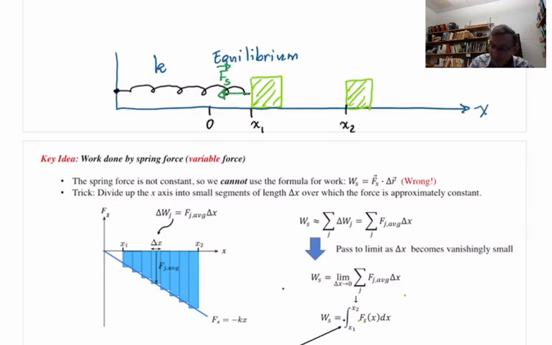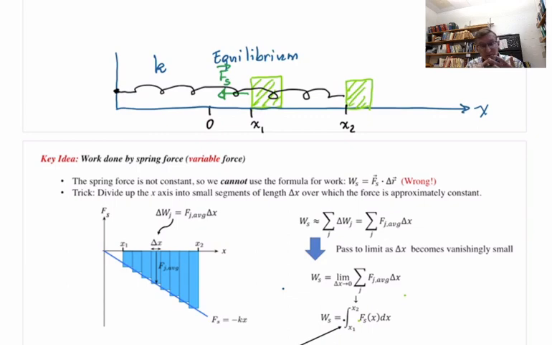Okay? So now the spring goes from the left side to there. So as this block has moved from x1 to x2, there's been a spring force acting on it.